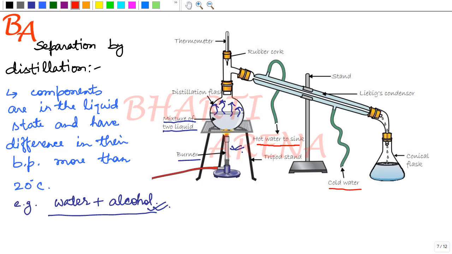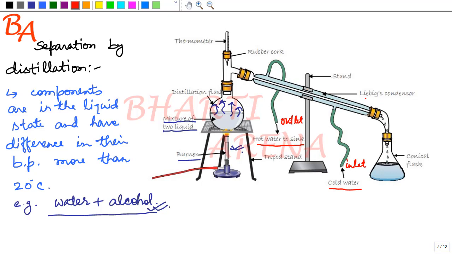So this pipe is actually the outlet. From this outlet, the hot water is removed, and this is actually the inlet. From this inlet, cold water is pushed into the condenser.